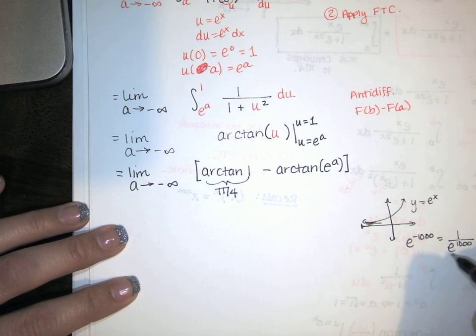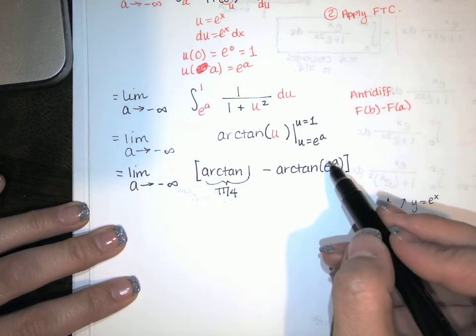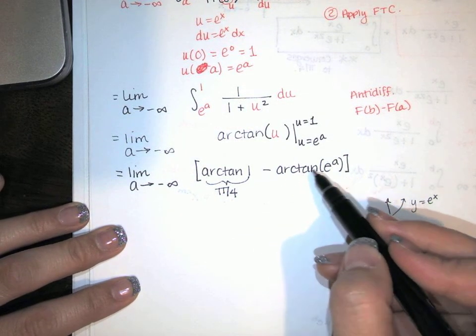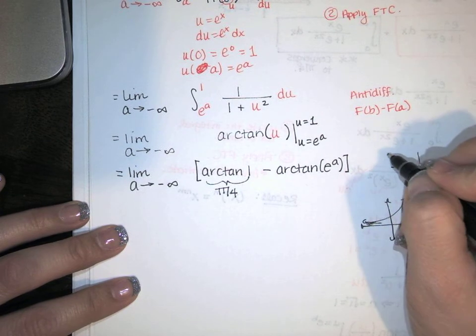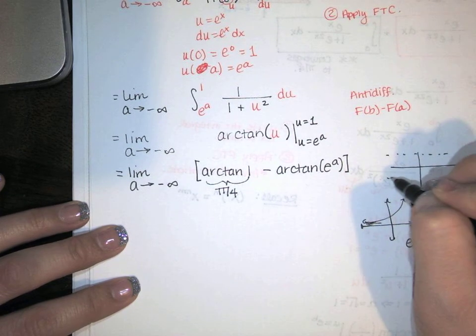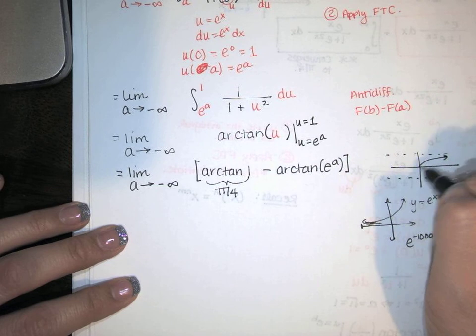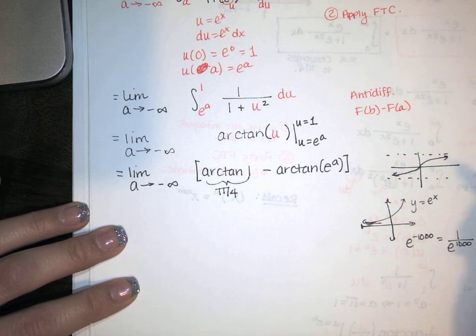That's 1 over a very large number. 1 over a large number is a very small number. So this is very small. Arctangent of something very small, something close to 0, is 0, guys. Arctangent of 0 is 0.